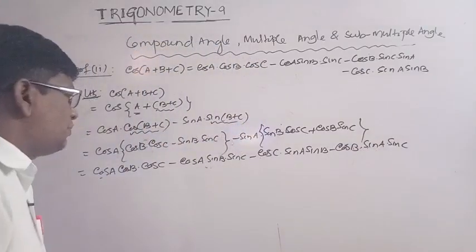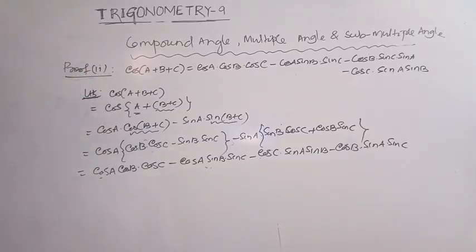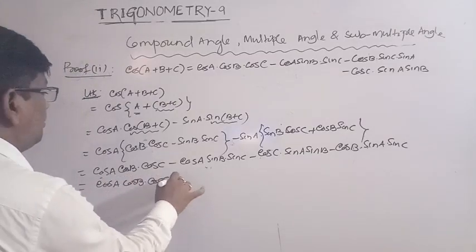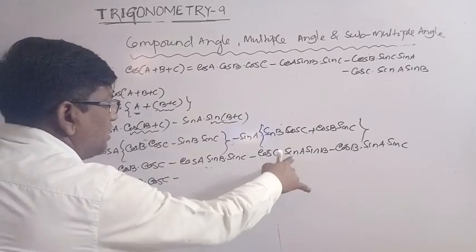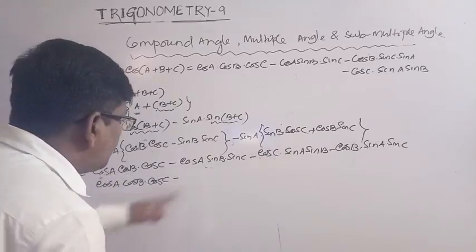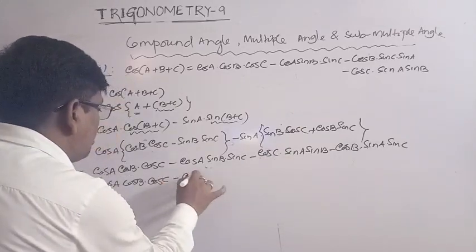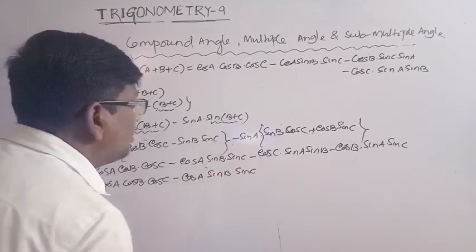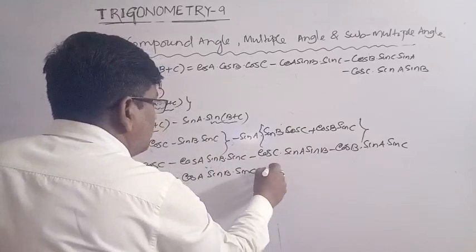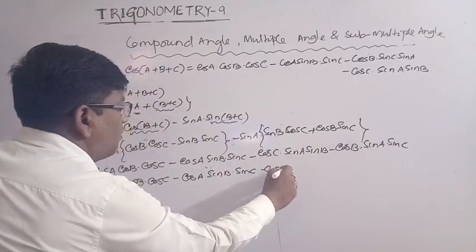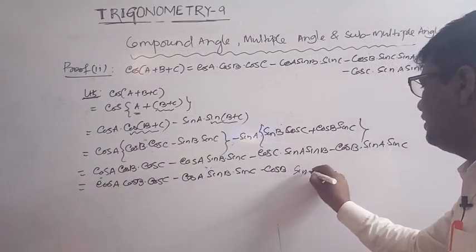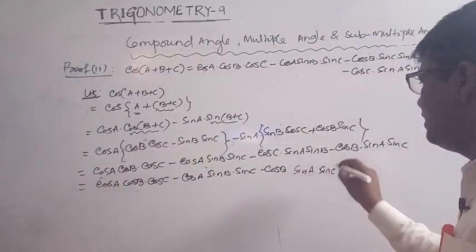So arrange properly as per the RHS. So cos a into cos b into cos c, minus cos a into sin b into sin c. Now where is cos b here? Cos b into sin a into sin c.